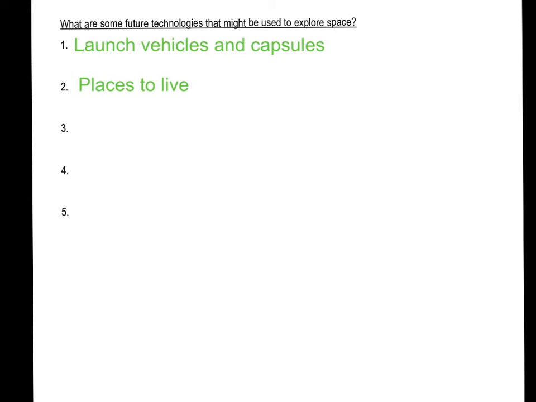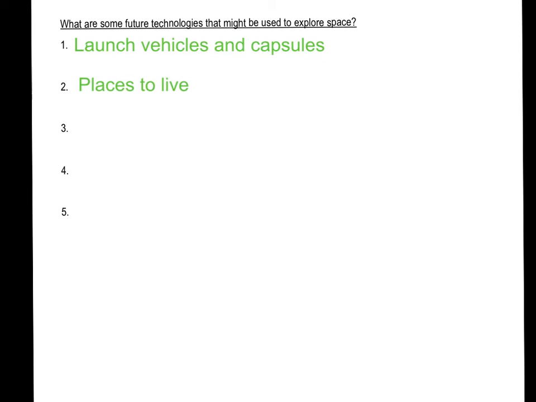In order to stay in space for a long time, to stay on Mars or the moon for a long time, we've got to make sure that we can live there. We've got to figure out what we're going to do for energy, how are we going to get rid of waste. All of that stuff has got to come into effect.